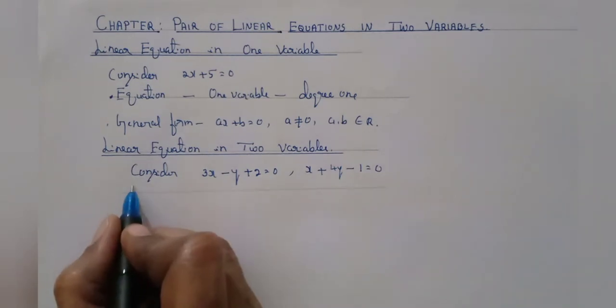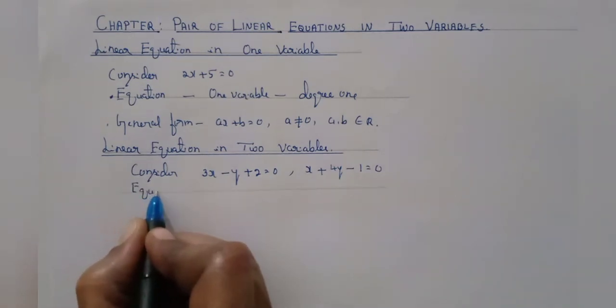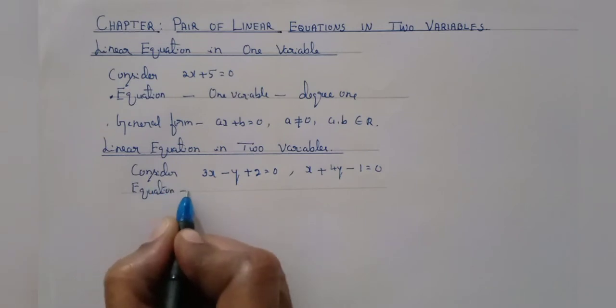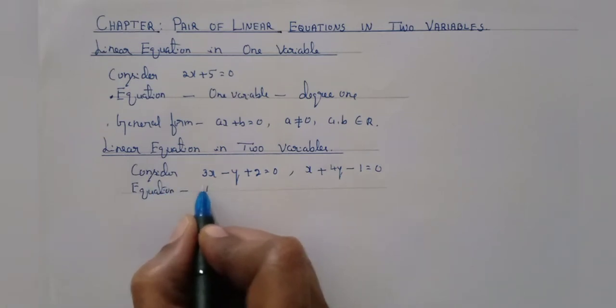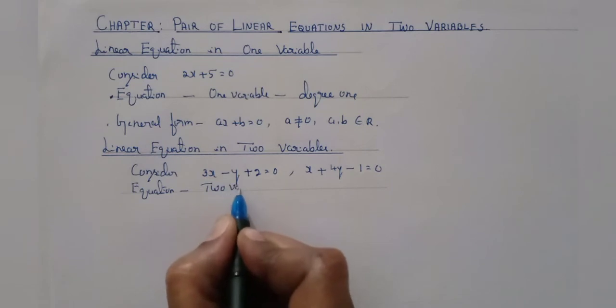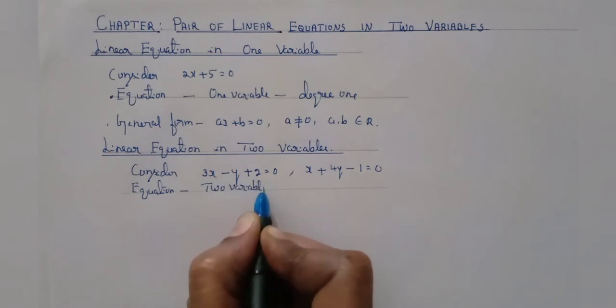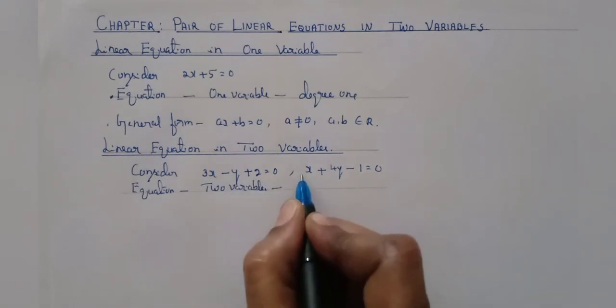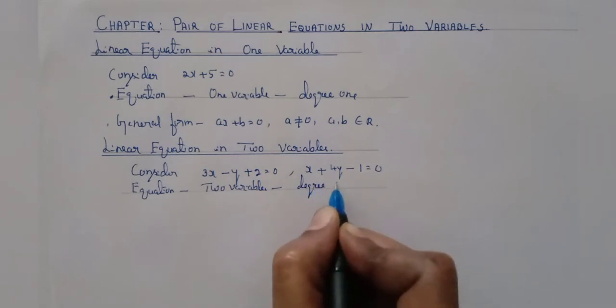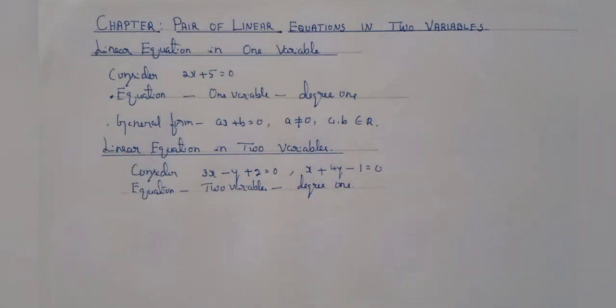So, an equation having two variables of degree 1 is called a linear equation in two variables.